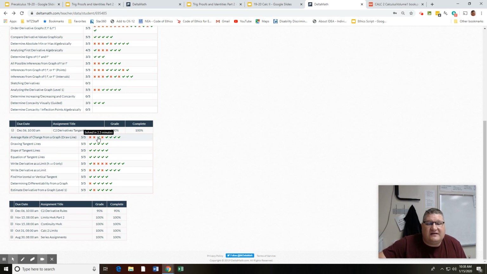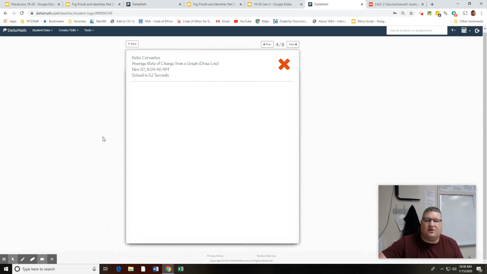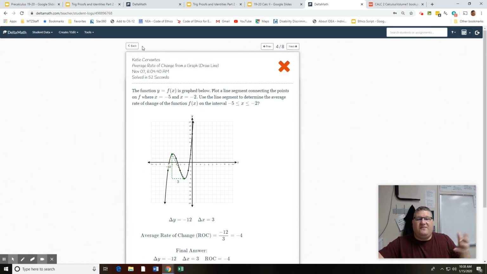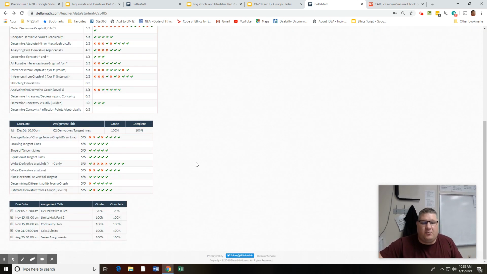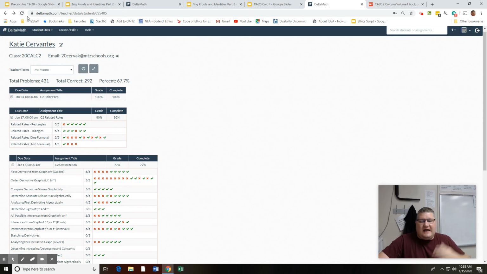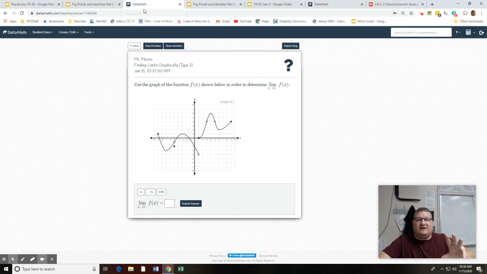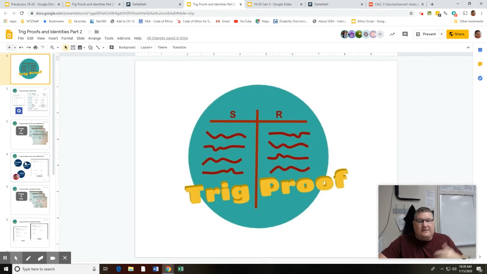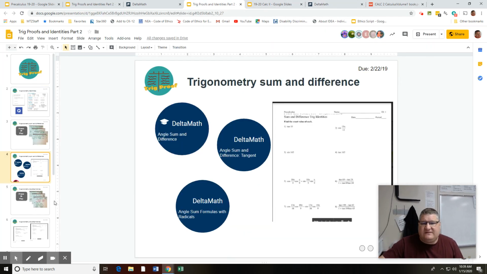I can also go back and see exactly how long they were working on a problem, or I can go in and see what they did wrong, what they specifically did poorly on, so that I can help them with it, or they can bring that problem to me in class and we can talk about it. So I like Delta Math because it has a lot of really good infinite practice, but it also gives me a lot of good data. When I put that together with the Edpuzzles, it makes it very easy to do.